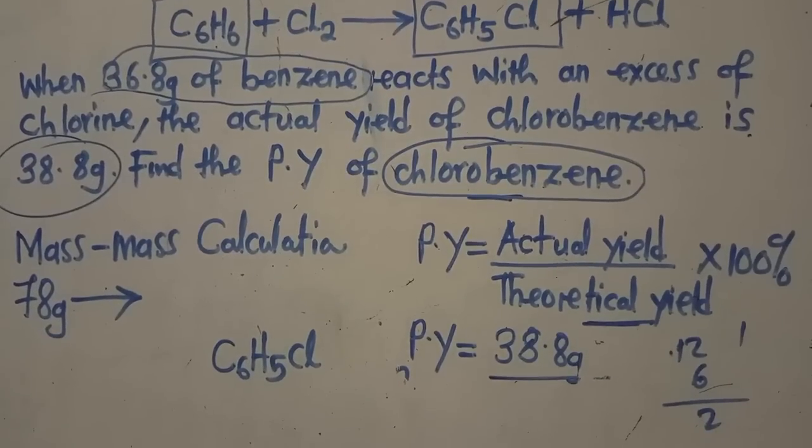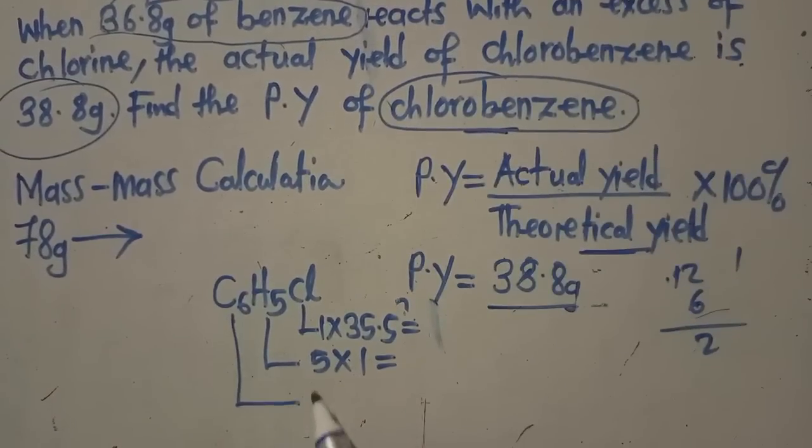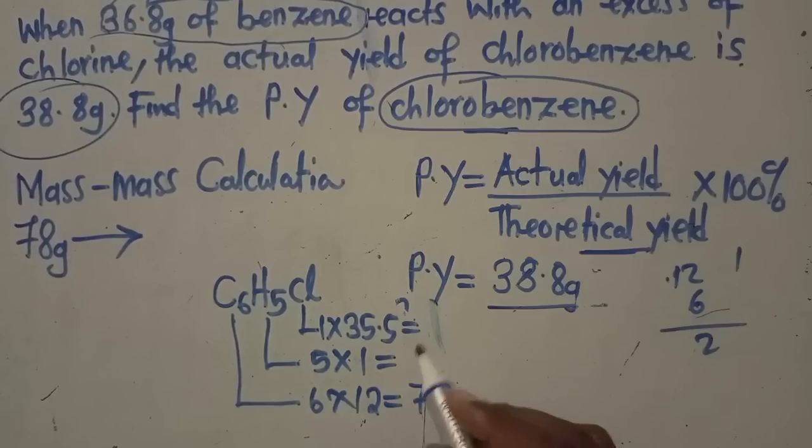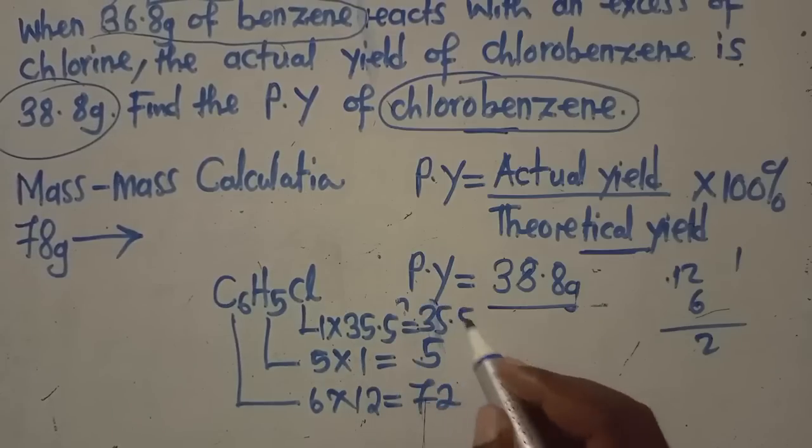I guess I want people to be following me. So this is 1 multiplied by 35.5. You get the answer right there. This is 5, so 5 multiplied by 1. This is 6 multiplied by 12, here you get 72. Here you get 5. Here you are going to get 35.5.